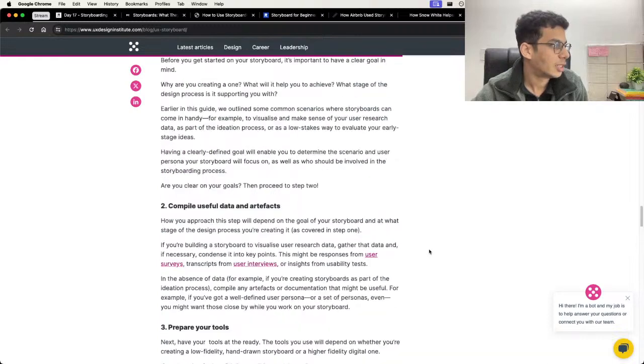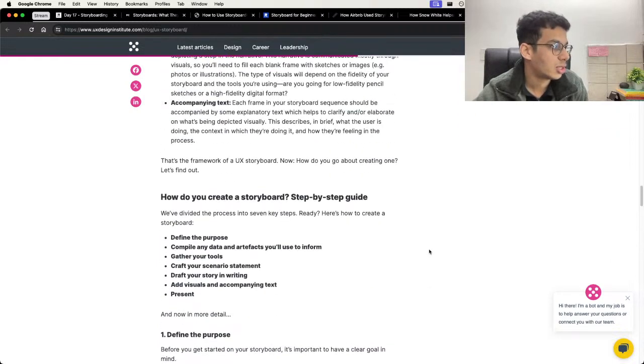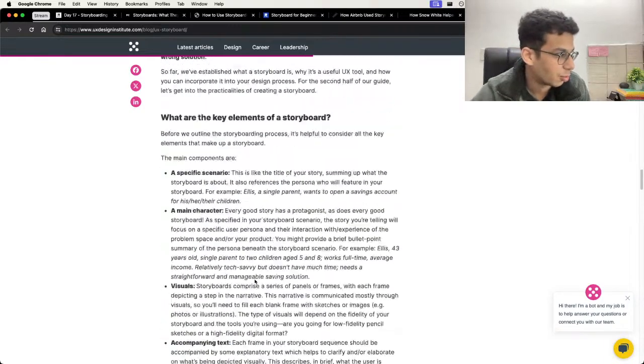So these are another few resources that you can go through, and how you, for example, can go through a step by step process of beginning the storyboard with defining the process, compiling all the data required, gathering your tools, and documenting all the details possible, and then iterating and building the final interfaces for your engineering team to take action upon.